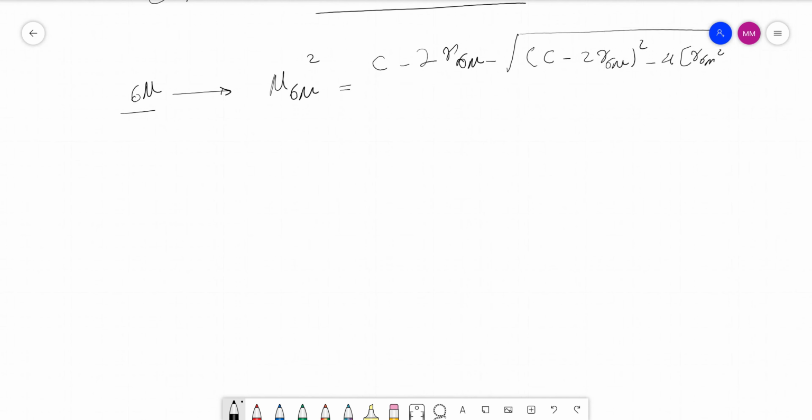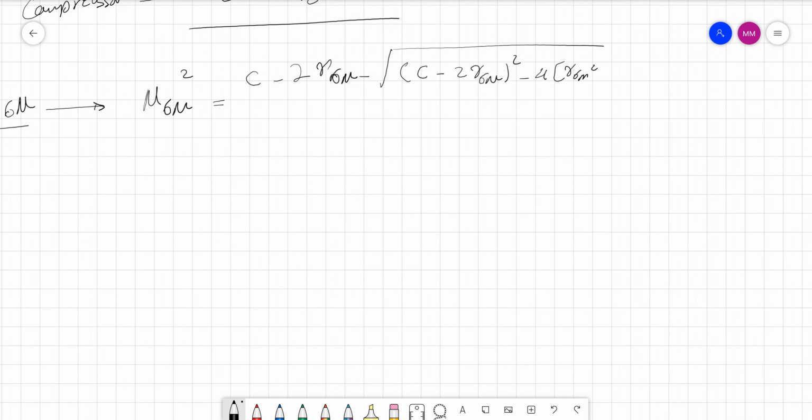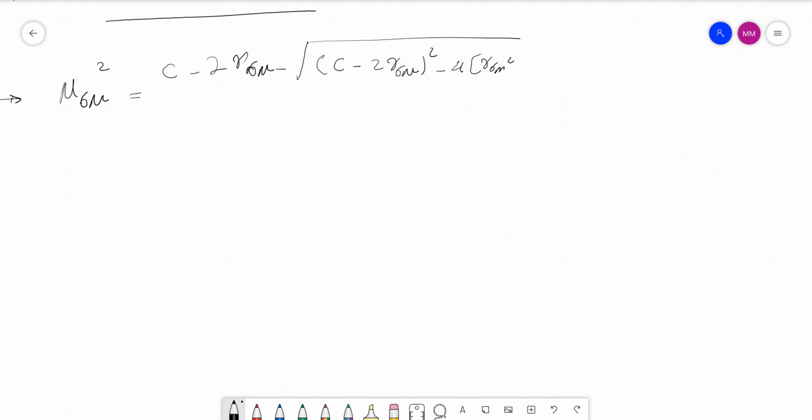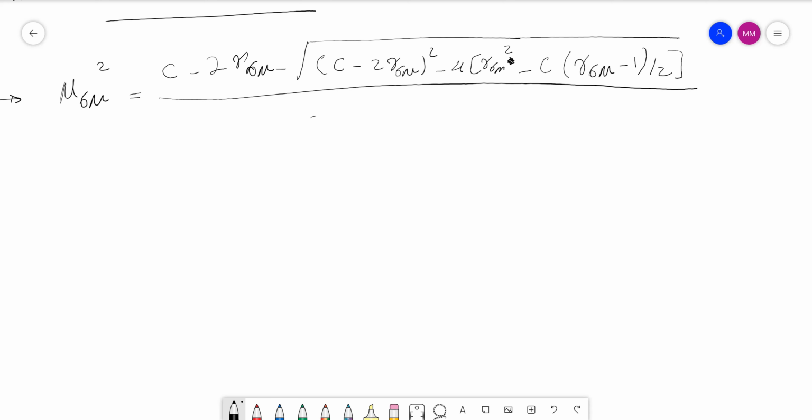Gamma 6M squared minus C multiplied by gamma 6M minus 1 divided by 2. And all of this is divided by 2 gamma 6M squared minus C gamma 6M minus 1.